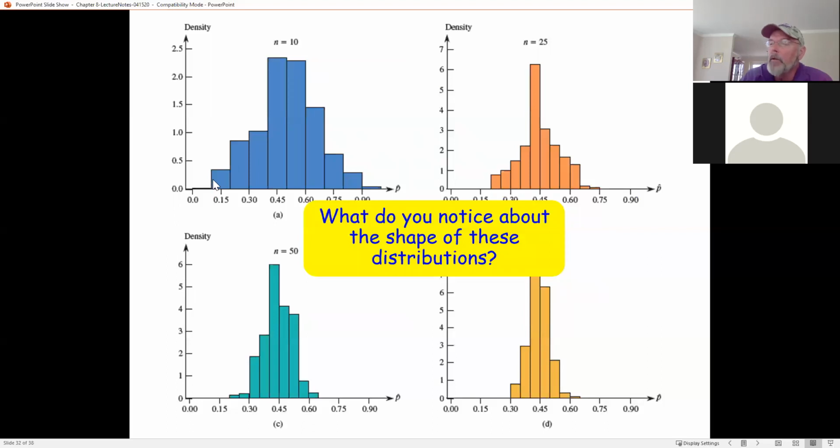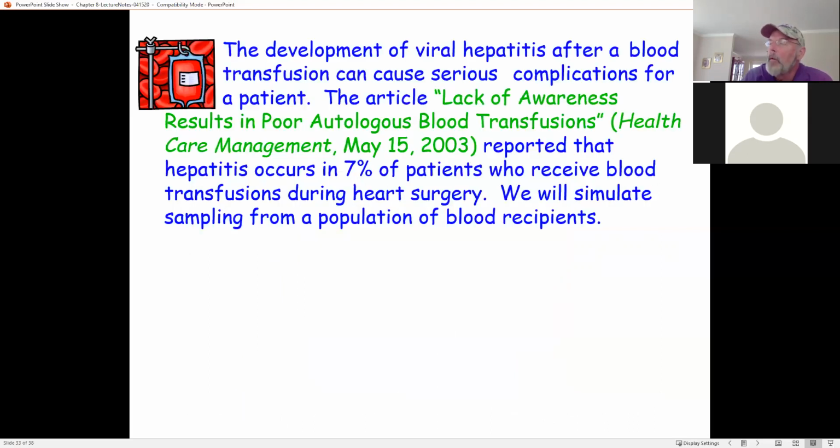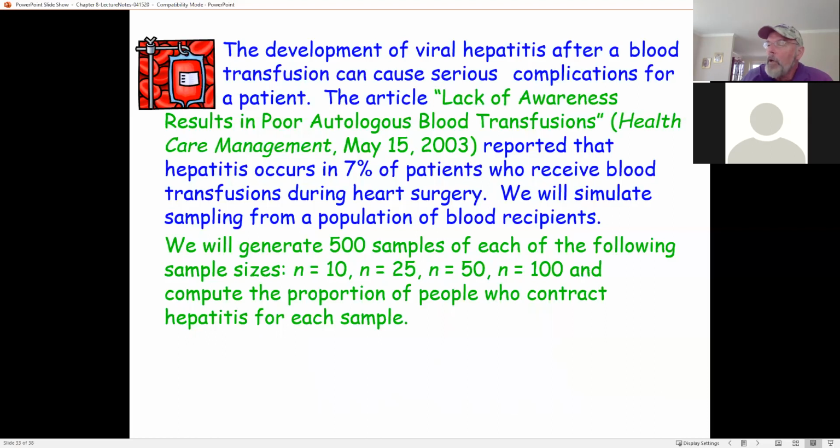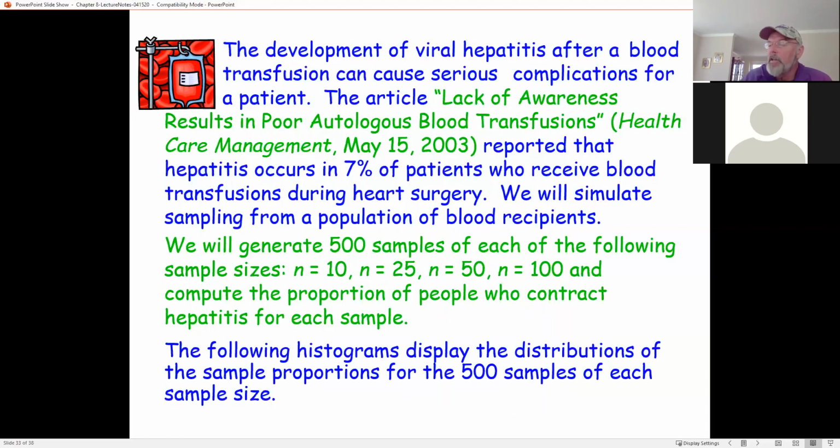The other one, the center, was along this line right here. So we looked at this, but now we're using something that is very small to think about proportions. Okay, so we'll have a few histograms here, 500 samples and different sample sizes.